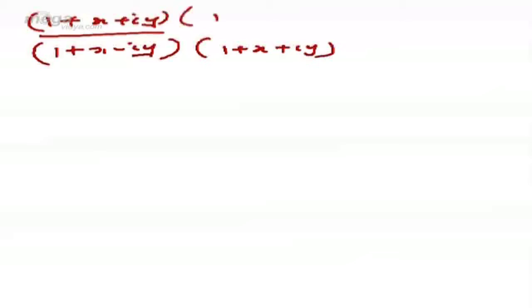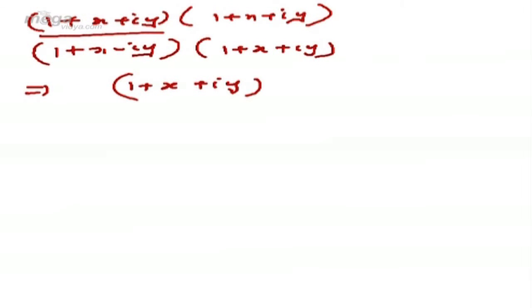The numerator will become 1 plus x plus iy to the power 2, and the denominator will become 1 plus x square minus i square y square, that is plus y square.